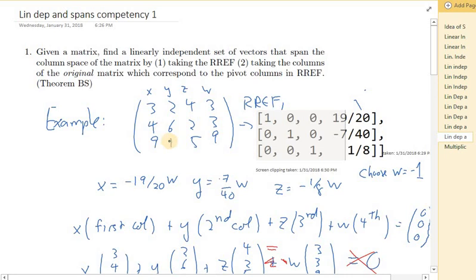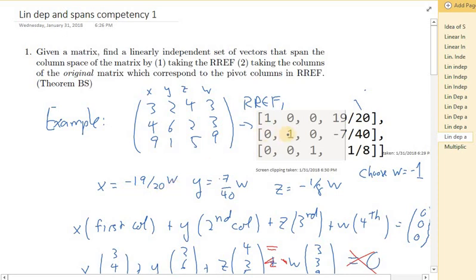That means that if I want to get a linear dependence relation, I can choose my coefficients x, y, z, w according to the specification we find in this REF. This first equation tells me that x plus 19/20 w is equal to 0. So I can rewrite that as x equals minus 19/20 w.